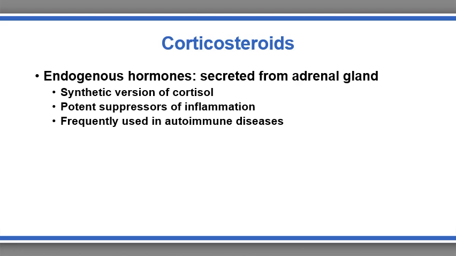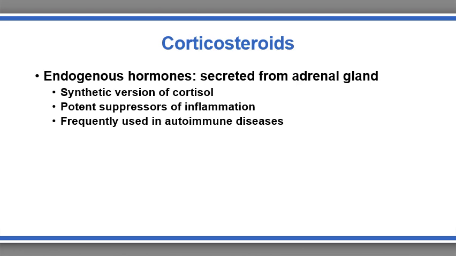And as we mentioned along the way with some other chapters, they're used in autoimmune diseases. If you think about it, it would make sense that it would be clinically indicated to use corticosteroids in the case of autoimmune diseases. Many of them, number one, involve an inflammatory process, but also corticosteroids are used to suppress the immune system.